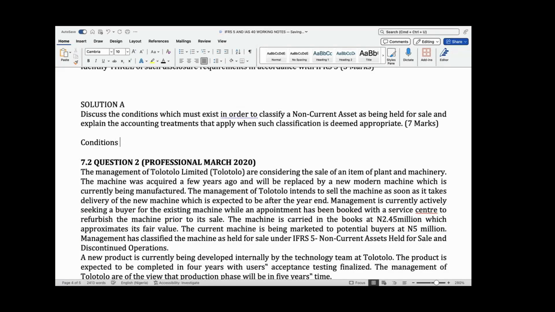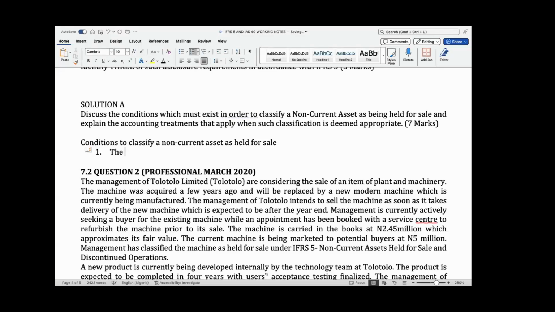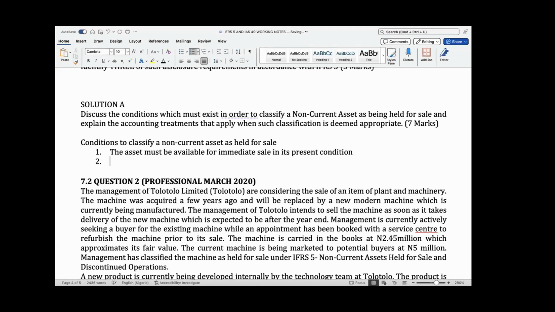So, conditions to classify an asset as held for sale, a non-current asset as held for sale. Number one, we said the asset must be readily available for immediate sale in its present condition.